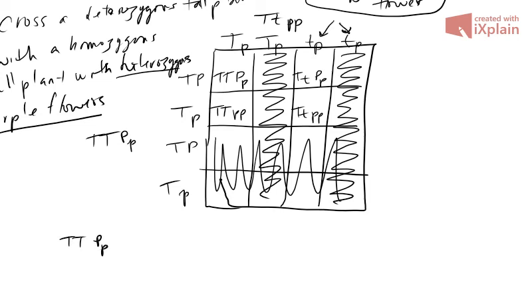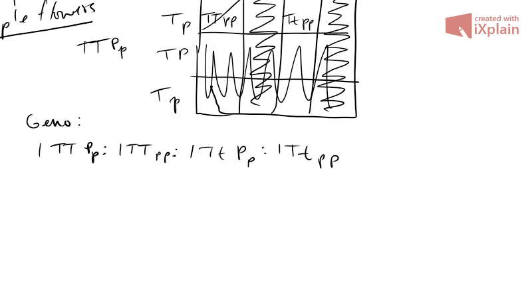We have this one, and that's it, so one of those. Then the next one is capital T, lowercase p. We only have one of those as well. Then over here, we have one that's heterozygous for both, and that's that one. And then capital T, lowercase t, there. So this is our genotypic ratio.